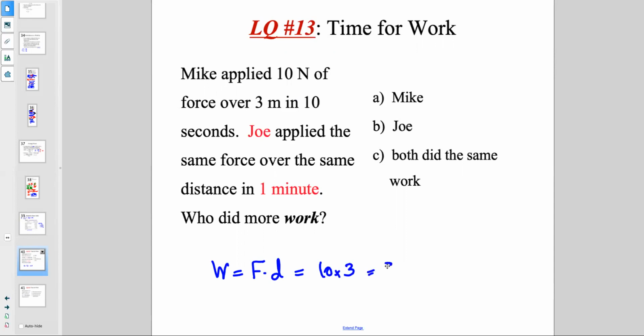That's 30. This time difference, 1 minute for Joey and 10 seconds for Mike, has nothing to do with the amount of work being done. So both did the same amount of work here.